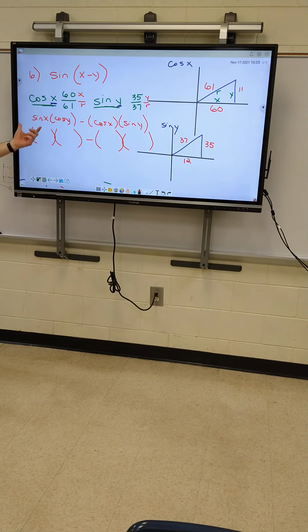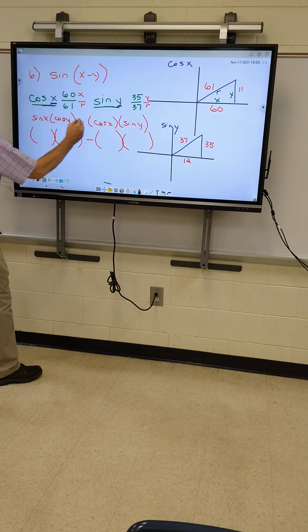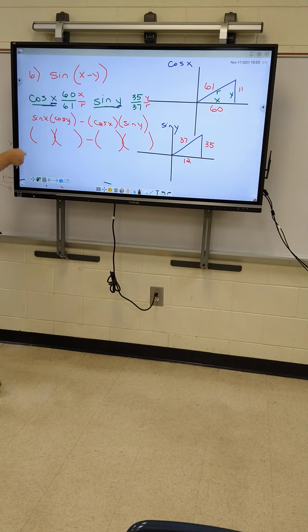Y'all have to have parentheses here and here with a minus in the middle, parentheses here and here. We're going to fill in the parentheses now and type in our calculator. So that part you have to write down. You don't have to write down this, Grant, if you don't want to, but you do need to write down this part. I'm going to show you what numbers go in. All right, you guys ready?